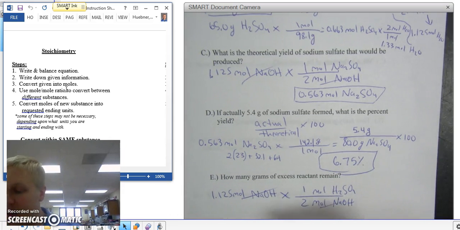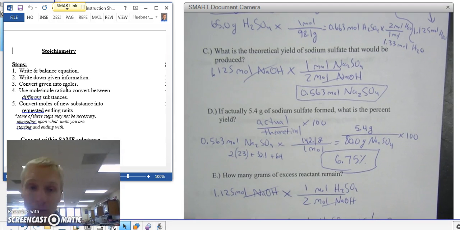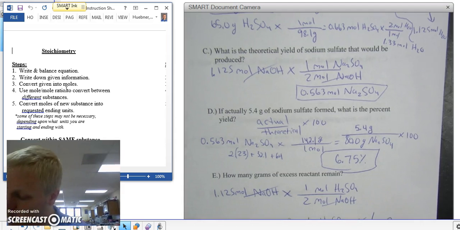NaOH cancels out. That's going to give me 0.563 moles of H2SO4 used up. That is all used up because 1.125 moles is our limiting reactant. That's all used up. According to our ratio, 0.563 moles of H2SO4 would also have to be used up.